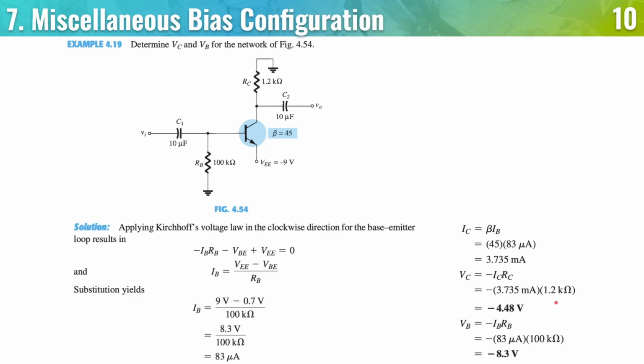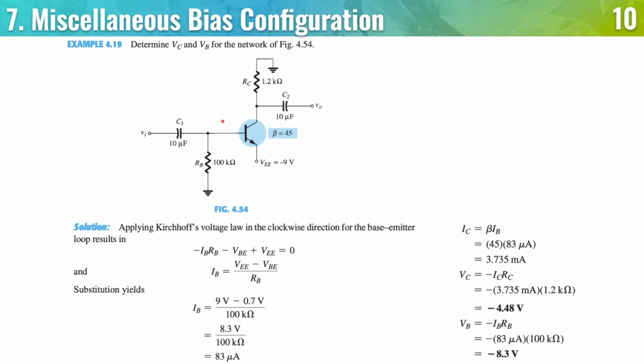We have a similar thought process for negative IBRB. So this point, VB, is going to be negative because if this is negative, it means, let's see, 8.3.